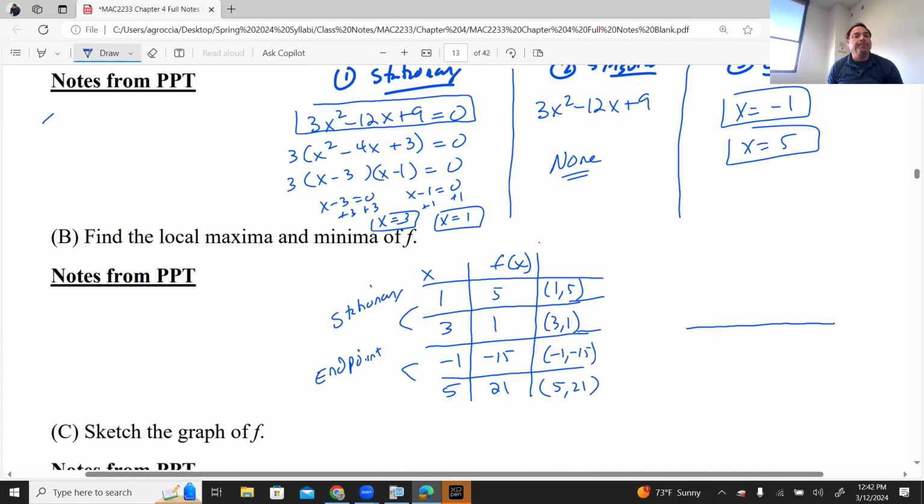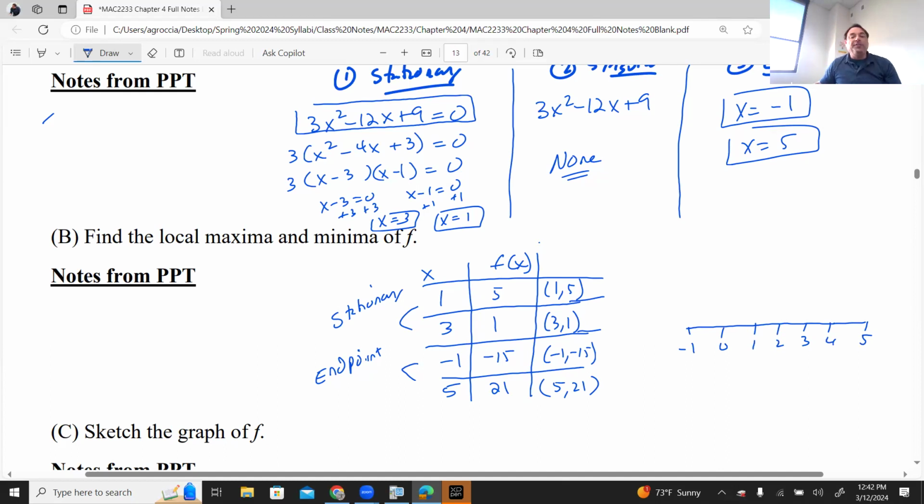It has to be -1 to 5. Some of you are saying, shouldn't we go a little bit before and a little bit afterwards? And the answer is no. A domain means it begins to exist at -1 and it ends at 5. So when you're given a domain, it's actually like a help. You know where to start, you know where to end.